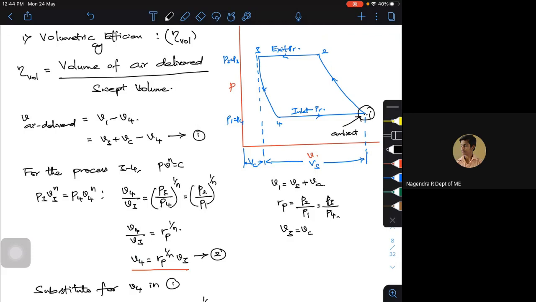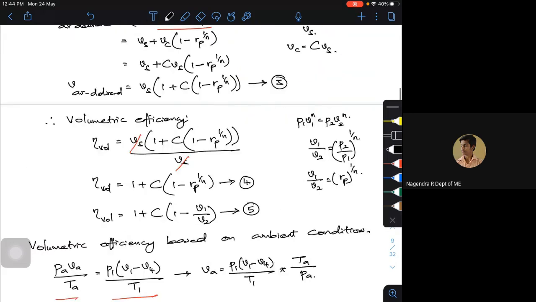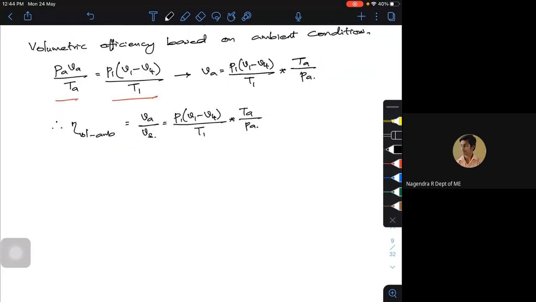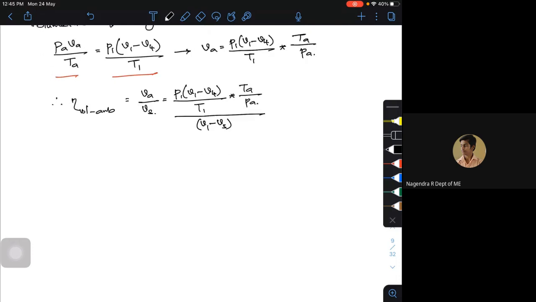See, your Vs is equal to V1 minus V3. The whole thing is divided by your stroke volume, which is nothing but V1 minus V3, since V3 is Vc.